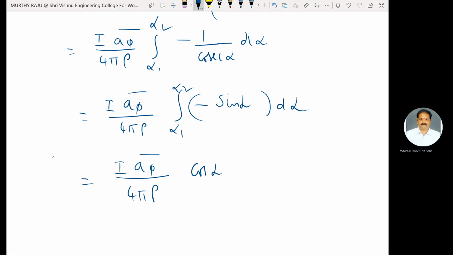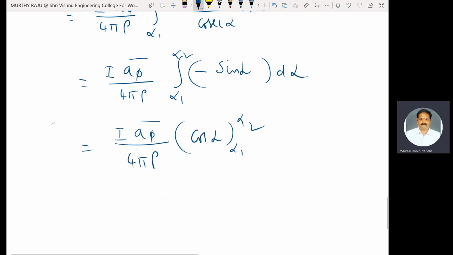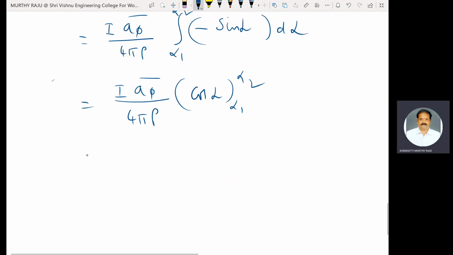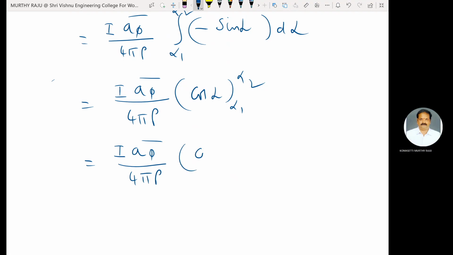Therefore, cos alpha from alpha 1 to alpha 2, that is H equal to I a phi by 4 pi rho times cos alpha 2 minus cos alpha 1.